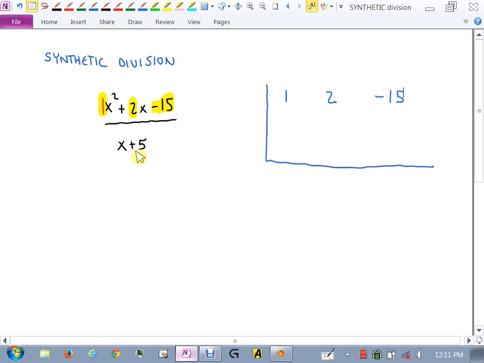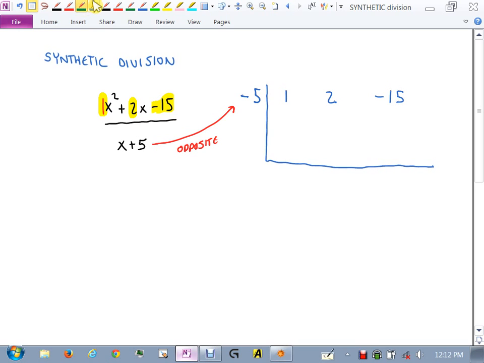So I see positive 5, I'm going to put negative 5. Opposite. And I know you're going to be maybe sitting there going, well, why does this work? I'm not here to prove to you that synthetic division works. You just have to trust that it does, and we're going to do it. All right?